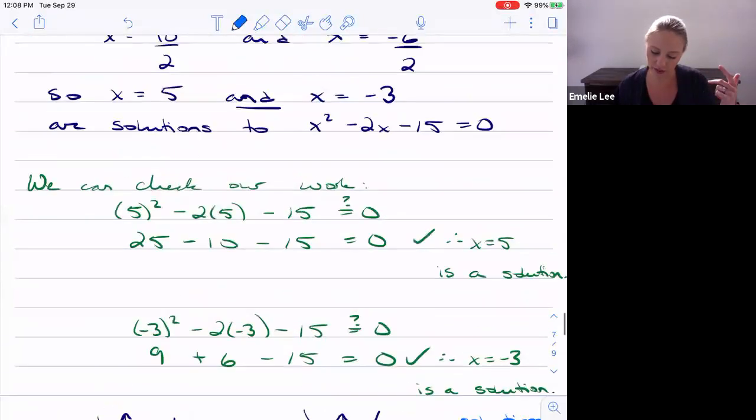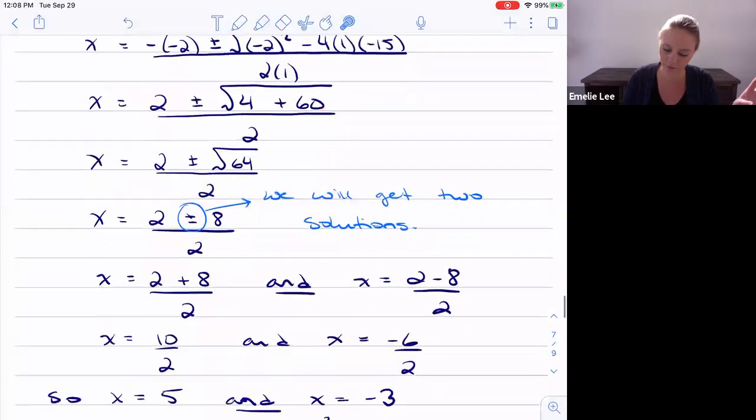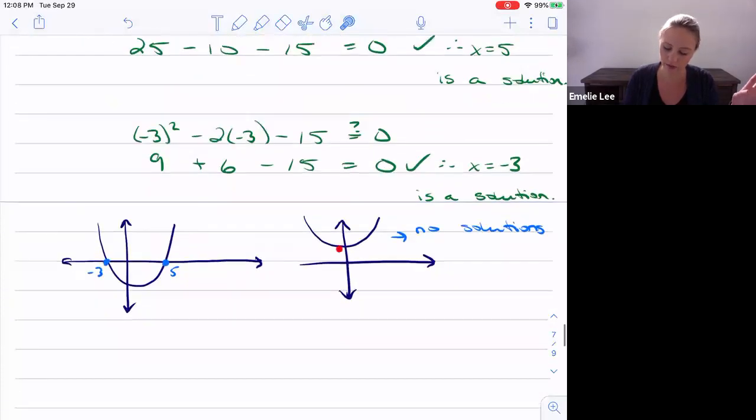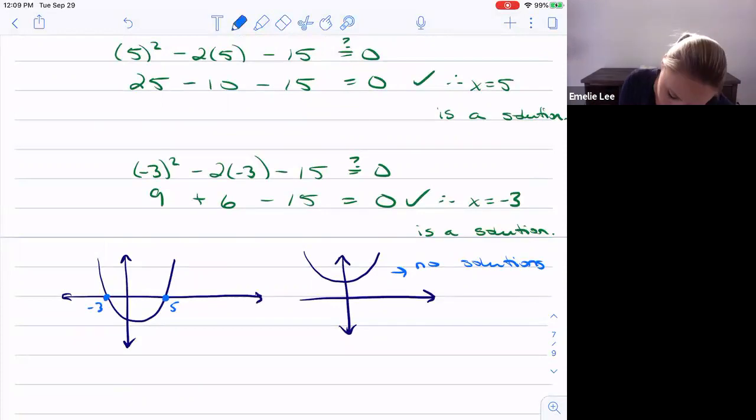But if you're using the quadratic formula and you end up with a square root of a negative number, then you have no solutions. So this can happen, right? This would make no solutions. Otherwise, the solutions are just the x values that make it 0. So that's just a side note.